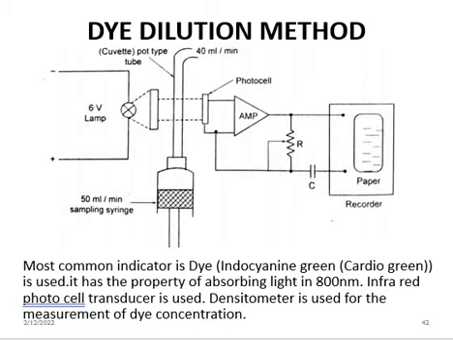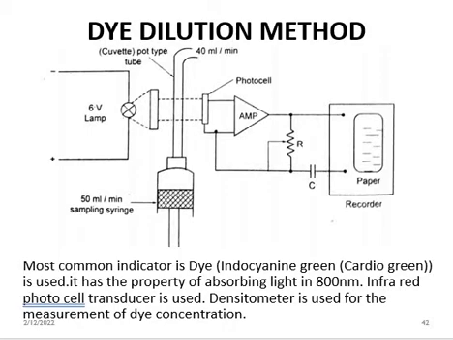First the dye is inserted into our blood. Which type of dye? That is indocyanine green, which looks very dark green in color. The property of this dye is that it absorbs light, infrared rays especially.